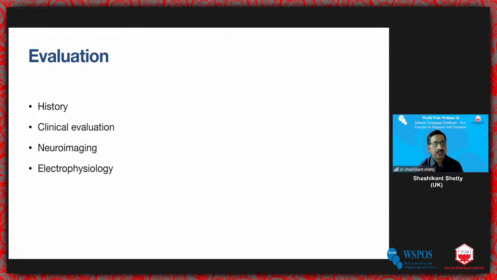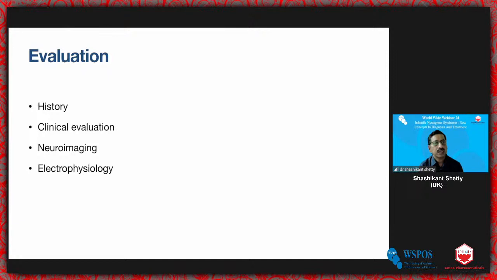So when we see a patient with nystagmus, we have to take a proper history, the history of onset of nystagmus. That is very important because from birth to 6 months, we classify them as infantile nystagmus syndrome. Above 6 months of age, we should be very skeptical, and we classify them as acquired onset of nystagmus.